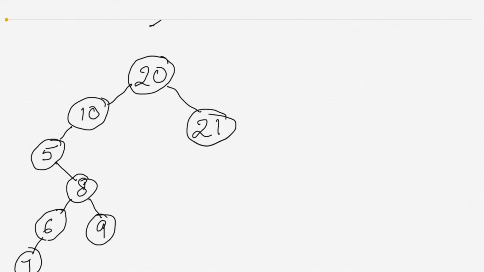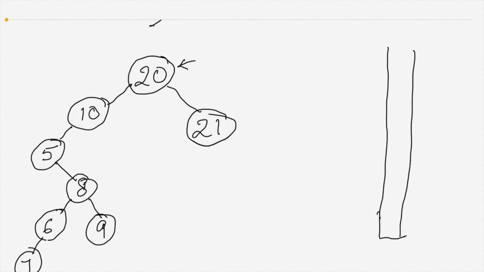So let's see how we can do the post order traversal using a stack. So we start from the root node. Let's take a stack here. And then as per the post order traversal, we first process the left subtree, then the right subtree, and then we visit and process the current node.